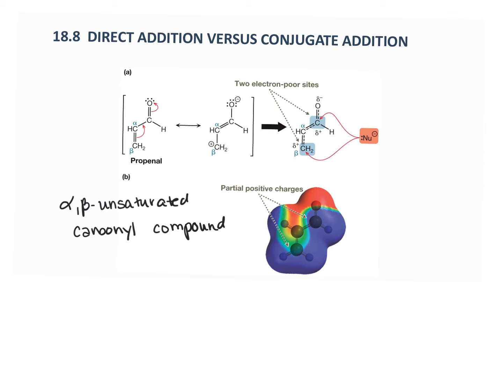I do love a good connection to life overall. We talk about propenal, which we're showing here. It's commonly called acrolein, and it's used as a herbicide to control algae and aquatic weeds in irrigation canals. But it's also produced when glycerol from fat or oil is burned, such as in the cooking process of deep fried foods.